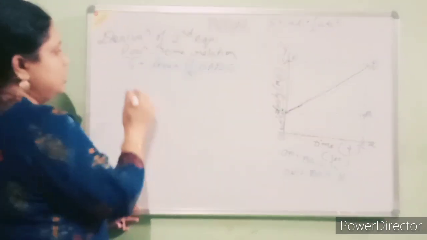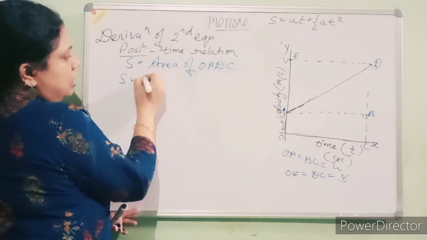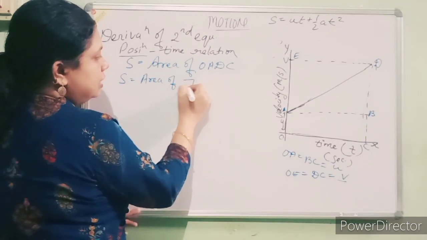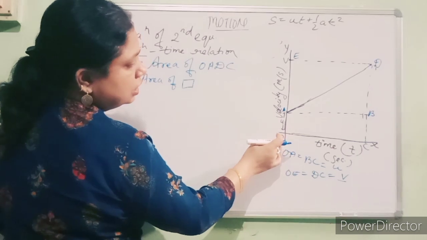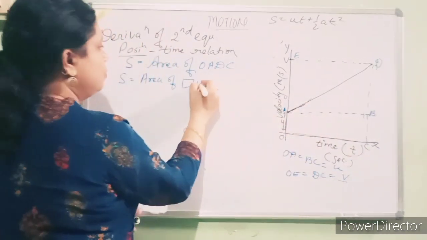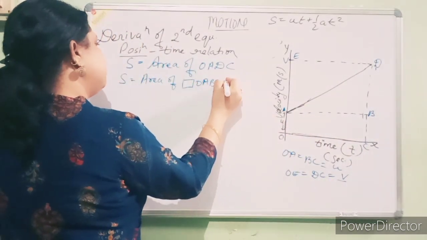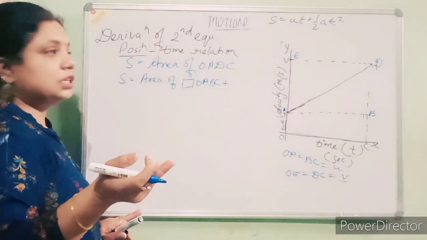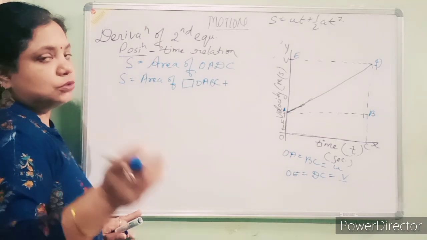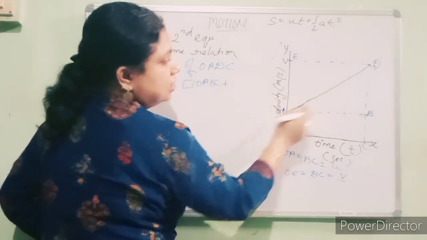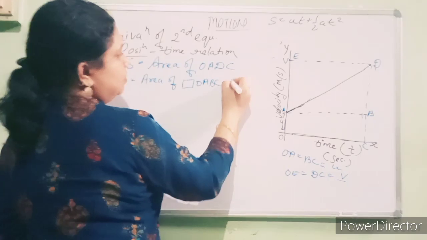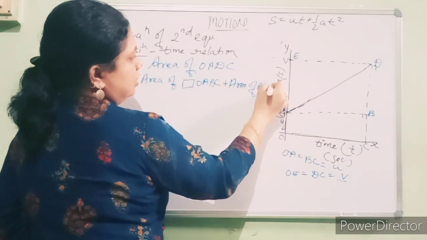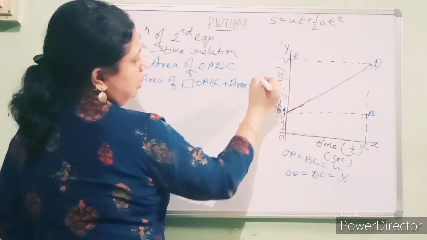So we can say S is equal to area of rectangle OABC plus area of triangle. What is the formula of area of triangle? That is half into base into height. Here the triangle is ABD, so plus area of triangle ABD.